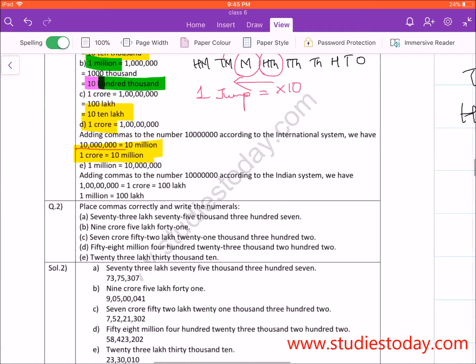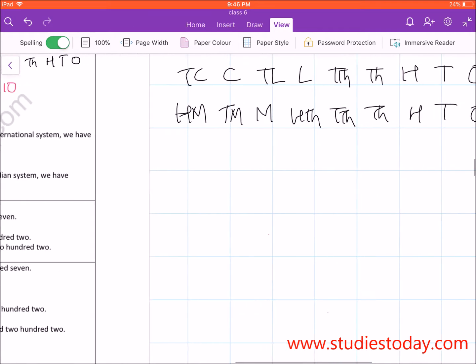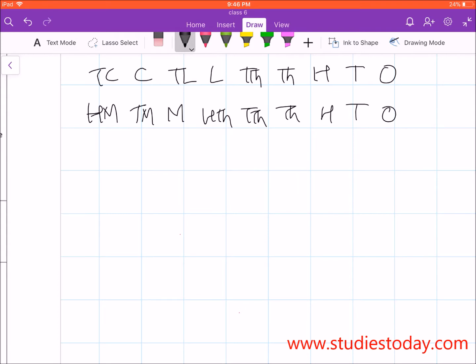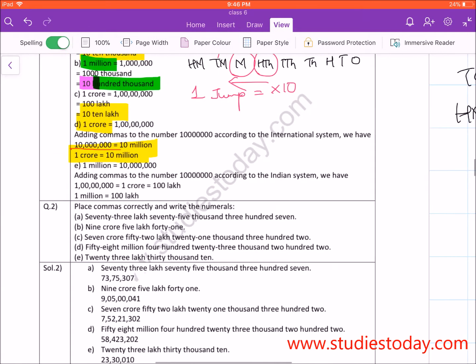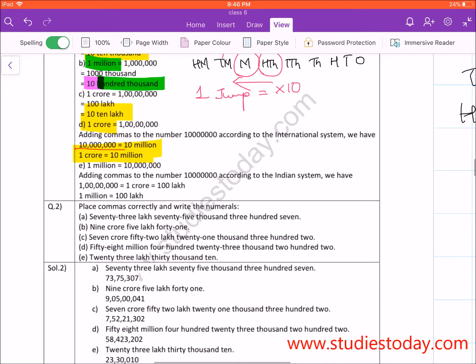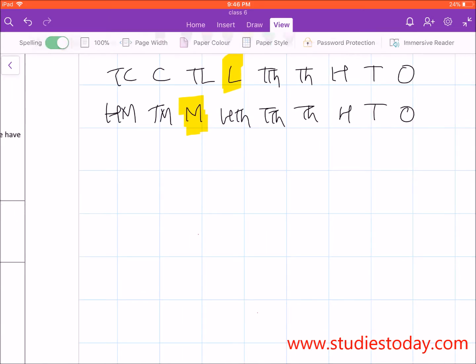Now, they have asked me to compare 1 million with lakhs. We will read the question again. It says 1 million equals to how many lakhs? Okay.